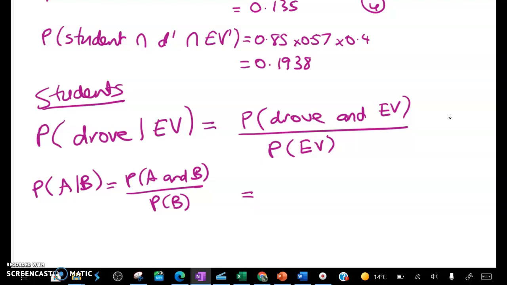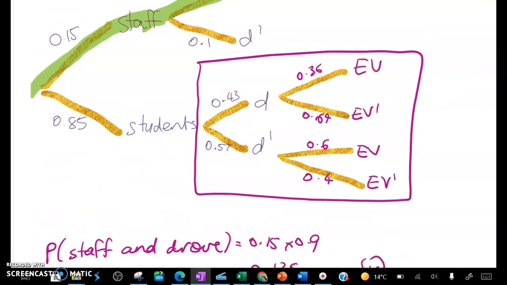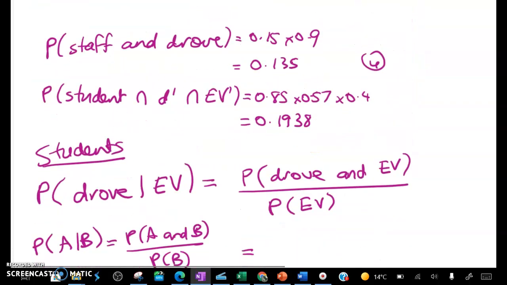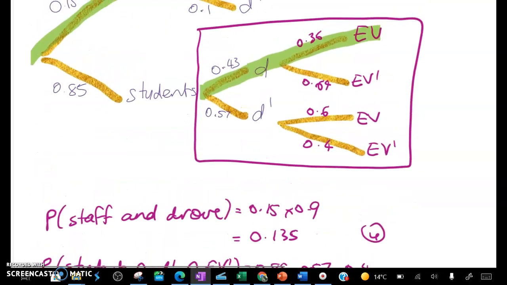So the probability of a student driving and wanting an electric vehicle is this one here, drive and EV. So that's going to be in my numerator. So that's 0.43 times 0.36. Now, what's the probability that a student wants an EV? Well, there are two things that go into that one.